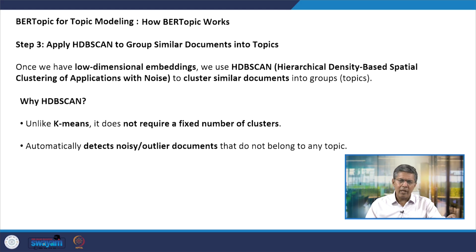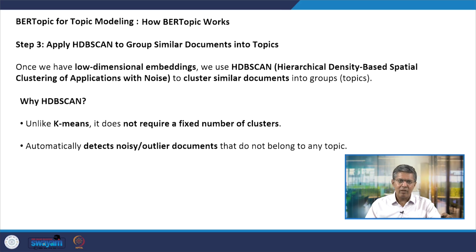Third step: after using UMAP, you apply HDBSCAN to group similar documents into topics. Our job in this final step is to find out the topics. Once we have the low dimensional embeddings, we use Hierarchical Density Based Spatial Clustering of Applications with Noise, HDBSCAN, which is a very long name, to cluster the similar documents into groups or topics. Why is this used?